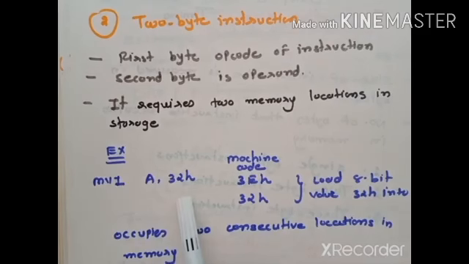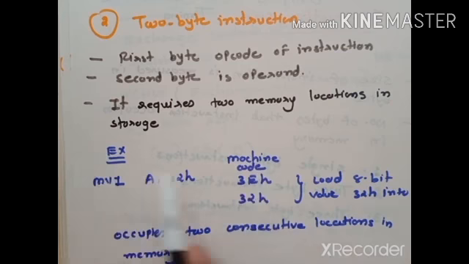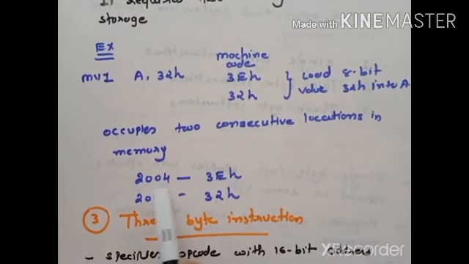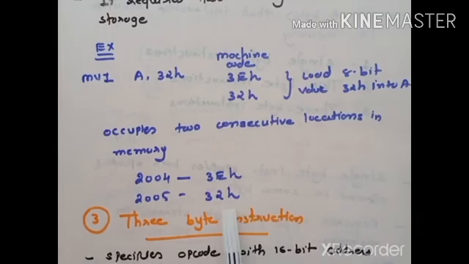This instruction occupies 2 consecutive memory locations. First we store the hex code of MVI A, that is 3E, and second we store 32H. Like 2004 stores 3E, the hex code of MVI A, and 2005 stores 32, the 8-bit data.